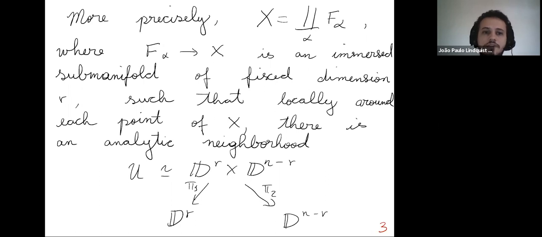They all have the same dimension r, and this r will be the rank of the foliation. I will also use the term codimension of the foliation, which is the dimension of X minus r. So the rank is just the dimension of the leaves, and the codimension is just the codimension of the leaves.